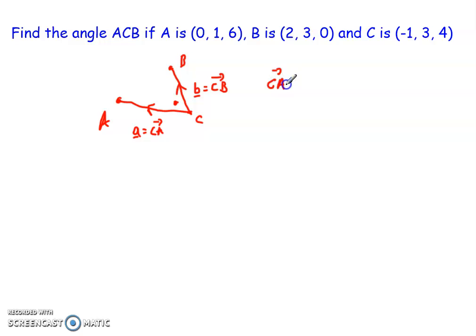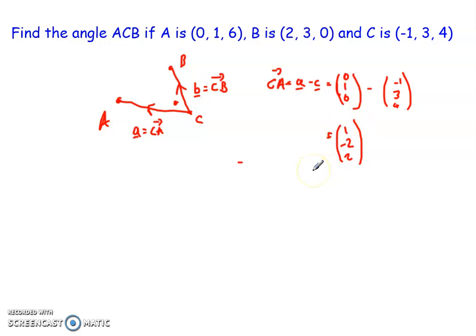So my C to A is equal to the position vector of A minus the position vector of C, which we can get from just the 2 coordinates here. So that's going to be 0, 1, 6, take away negative 1, 3, 4. Calculating those, what that then gives me is 1, negative 2, 2 for my vector CA.